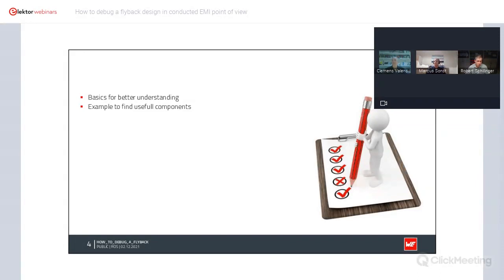The only thing I show you today is by simulation, no real measurement. This is done by Marcus, who will show you how to measure it. I only show you the simulations. It's also possible to do EMC measurements by simulation.